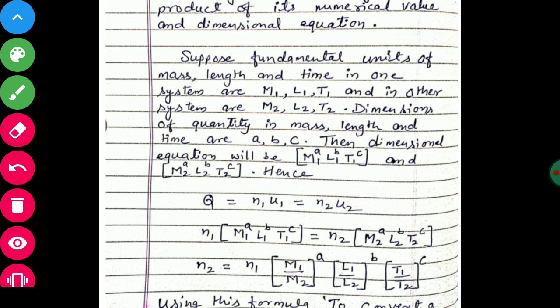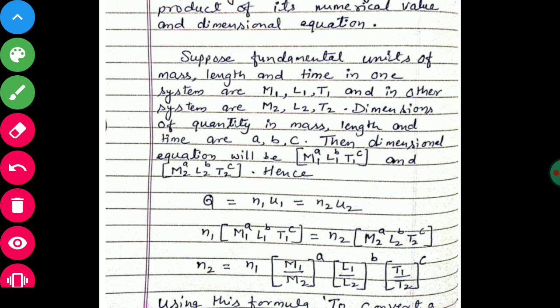Suppose the fundamental units of a given physical quantity, mass, length and time, in one system are M1, L1 and T1.